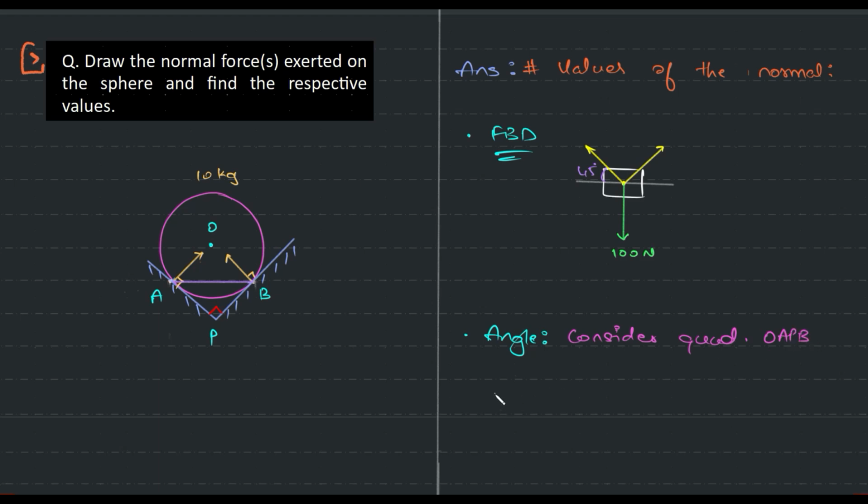OAPB, angle APB is equal to 90 degrees. So this is given. And angle PAO is equal to angle PBO. Both of these are equal to 90 degrees because normal force is perpendicular to the surface at the point of contact.